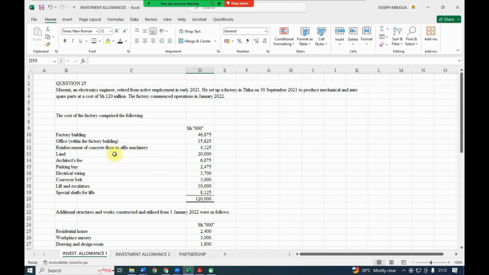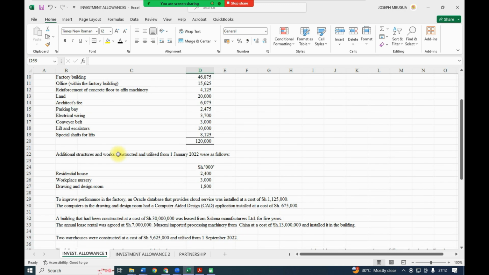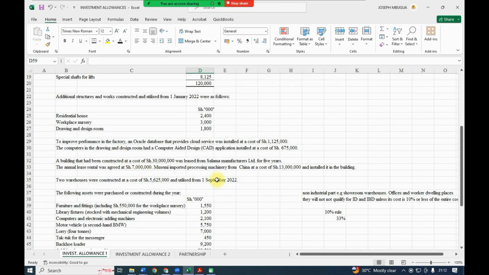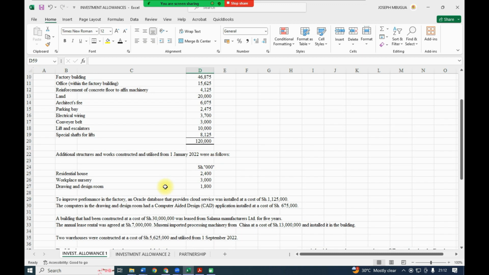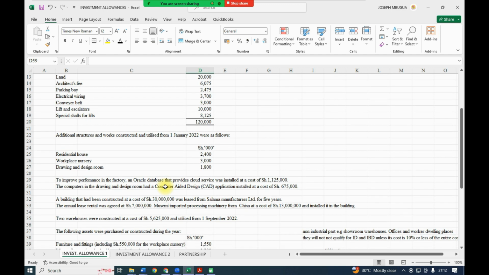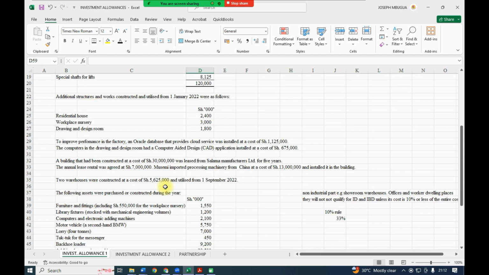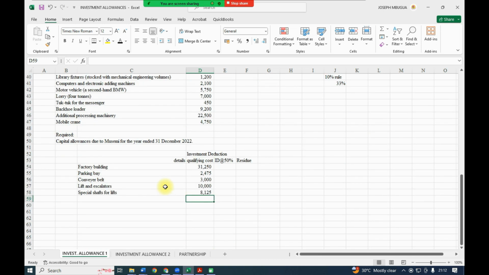For the reinforcement, we shall deal with reinforcement of concrete. We shall use that for calculating ID for the machinery, because it was specifically for fixing the machinery. Architect, we have said, is no; land, no; parking bay; electrical wiring, we shall see that; conveyor belt we have included, and lift and escalators and the special shaft.